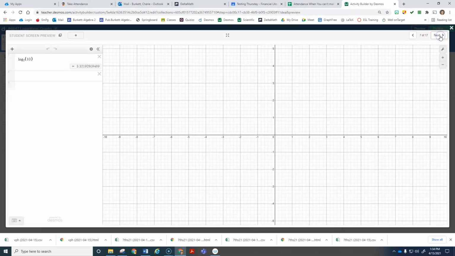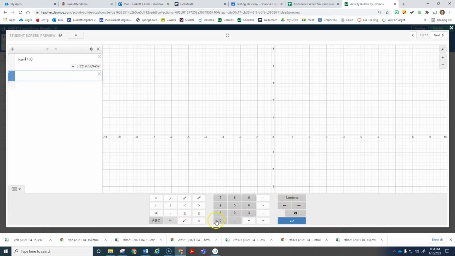Now, while we're here, let's talk about that other log. If it just has log, we go over here to miscellaneous, you just have log. That's what we call the common log, and that has a base, but it's an understood base 10.